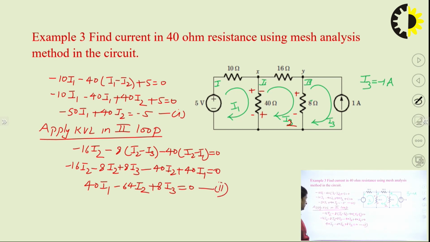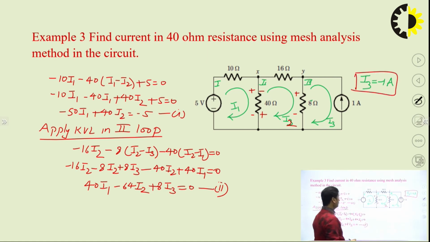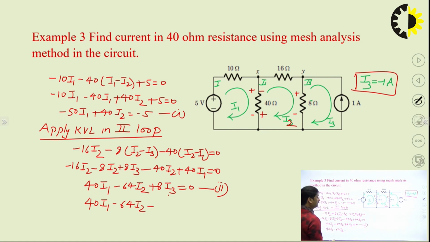In the third loop we have already this equation, I3 is equal to minus 1, so we can put the value of I3 here. So this will be converted as I1, I2. Similarly we have this equation I1, I2. So that means this equation will be 40 I1 minus 64 I2, and this is minus 8 into minus 8 equal to 0.